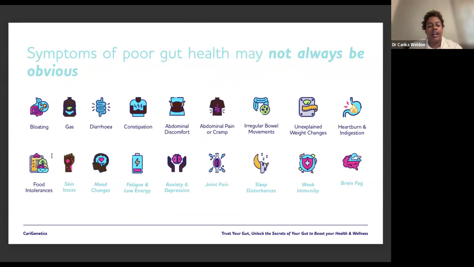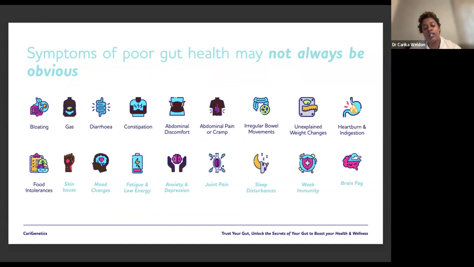Now, this is a slide I really like. Symptoms of poor gut health may not always be obvious. In speaking to some of the people that signed up, they would mention symptoms that we're all kind of used to hearing: bloating, gas, diarrhea, constipation, abdominal discomfort, abdominal pain or cramps, irregular bowel movements, unexplained weight changes, heartburn and indigestion, and food intolerances.